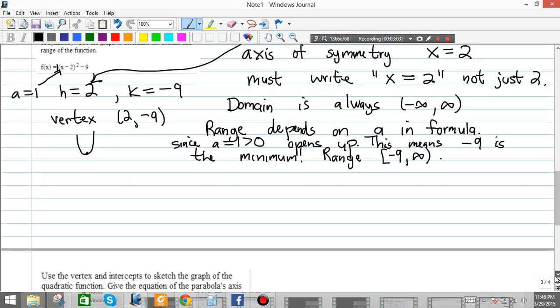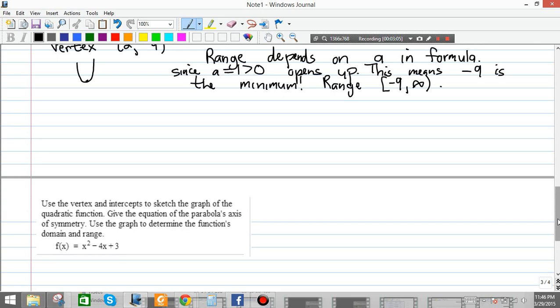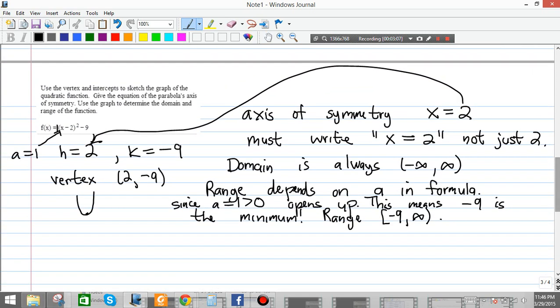It's my hope that I have a similar one next. Right. So when you come across one where if it was something like this, if it was negative (x minus 3) squared plus 9, then here the vertex would be (3, 9).